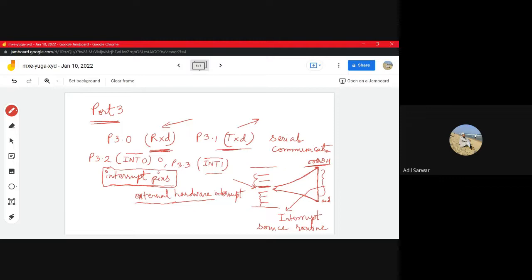One more thing, what happens if an interrupt happens at both these pins simultaneously? There may be a condition in which both INT0 and INT1 receive the interrupt at the same time. Then we have a feature in the 8051 called priority setting, and INT0 has higher priority than INT1.